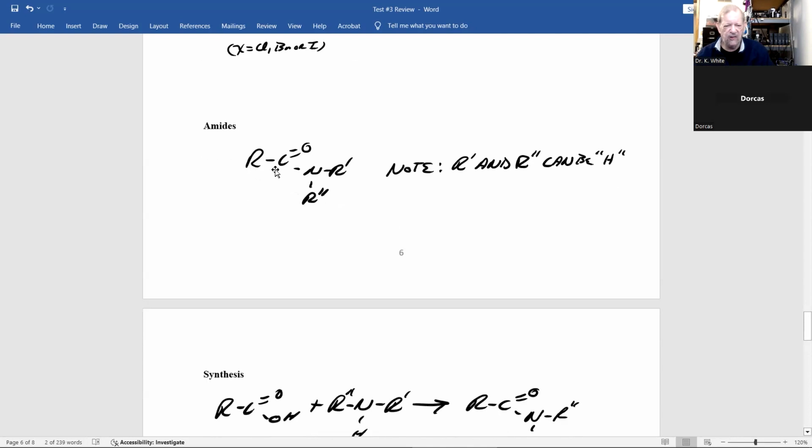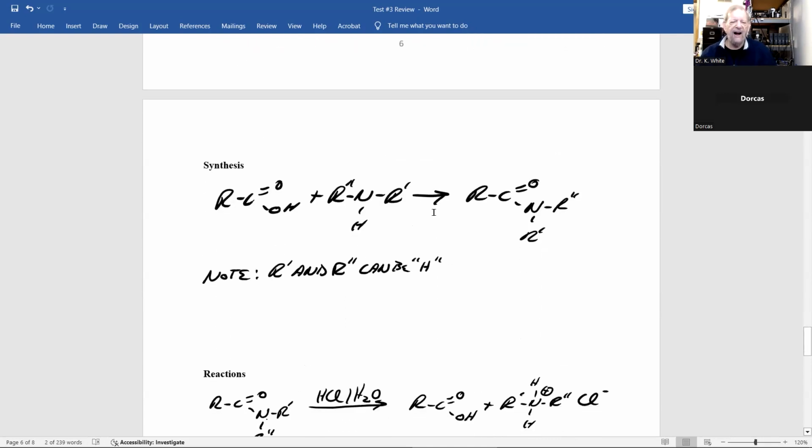An amide is a carbonyl with an R group, and attached to the carbonyl carbon is a nitrogen. Now, on the nitrogen are R prime and R double prime, but note, R prime and R double prime can be hydrogen, or one or more can be alkyl. Now, how do you make an amide?